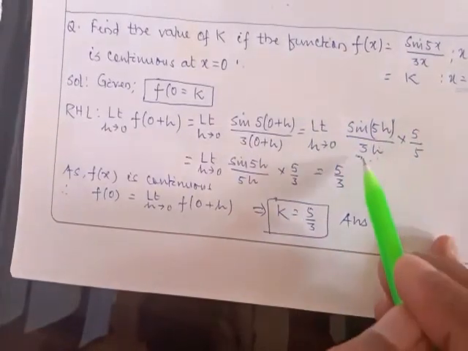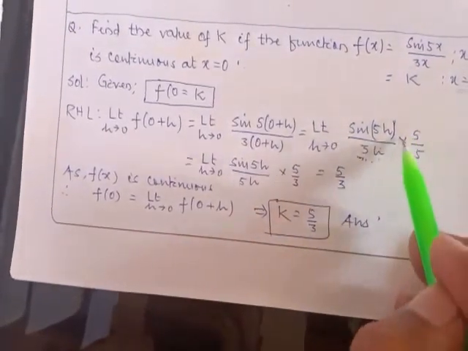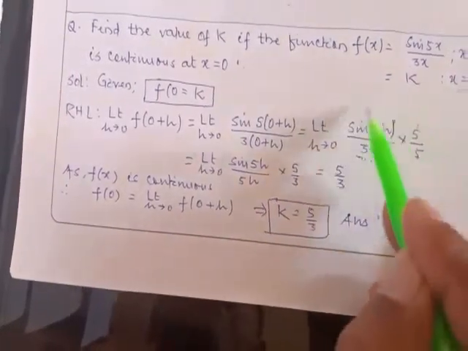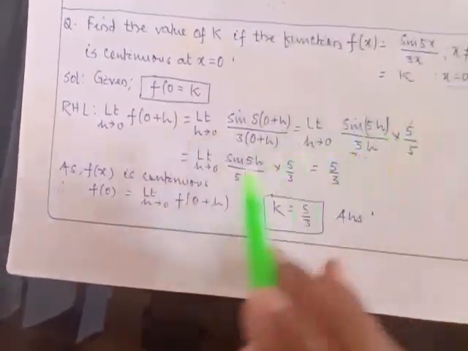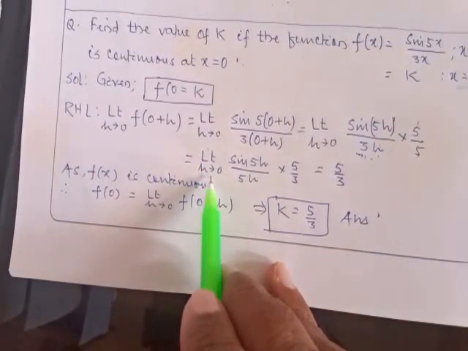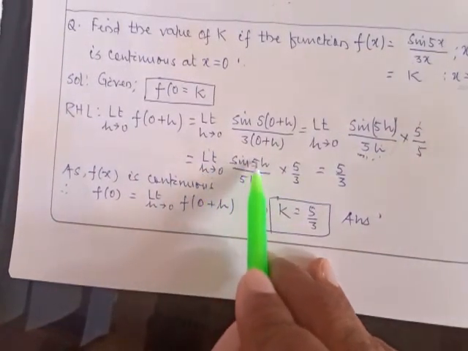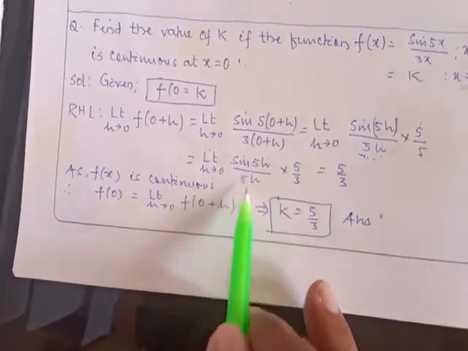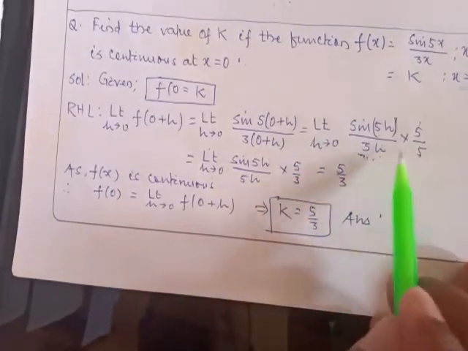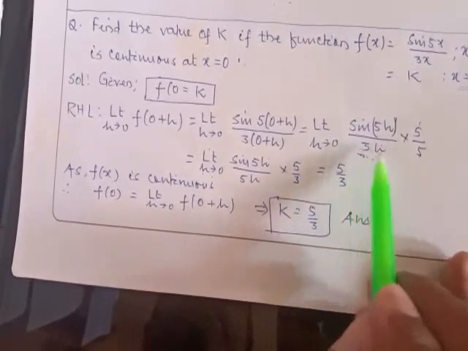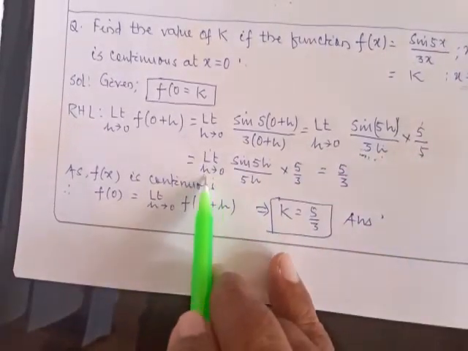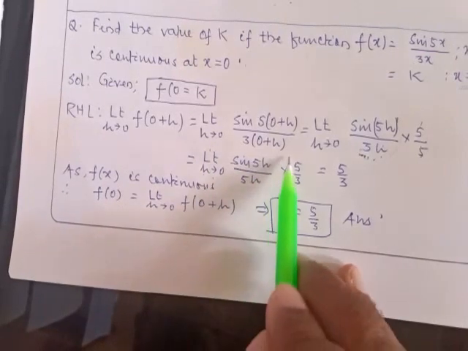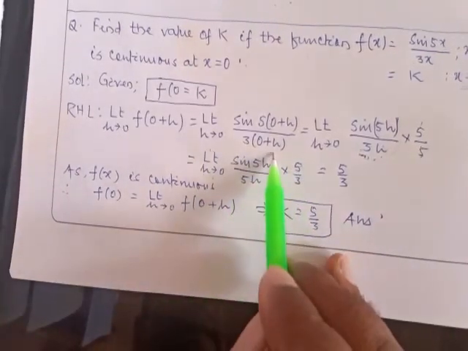Now the whole term reduces to limit h tending to 0 of sin 5h upon 5h into 5 by 3. Now the formula is applicable: sin theta by theta is 1.